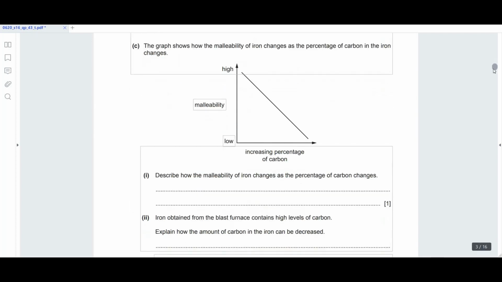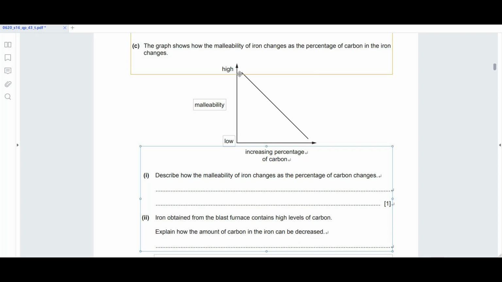Moving on to part C, the graph shows how the malleability of iron changes as the percentage of carbon in the iron changes. Describe how the malleability of the iron changes as the percentage of carbon changes. It's a 1 mark question, so you need to mention only one statement. On the x-axis there's an increasing percentage of carbon, and the result is the malleability.